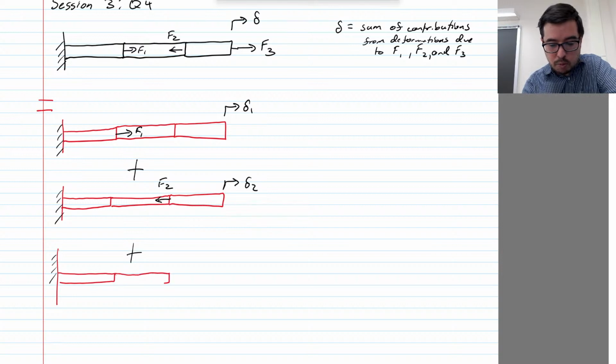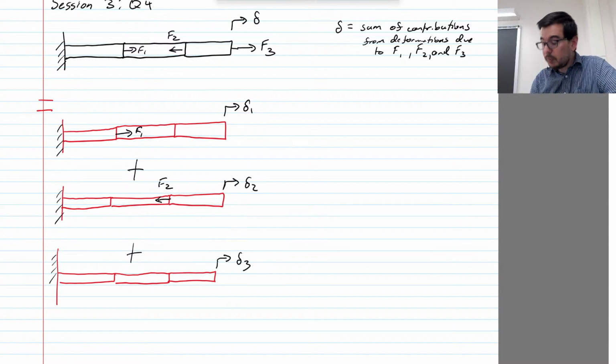This is really poorly drawn. I wish I could blame it completely on the tablet, but my handwriting, while legible, is not the greatest looking. And then this one has an F3.